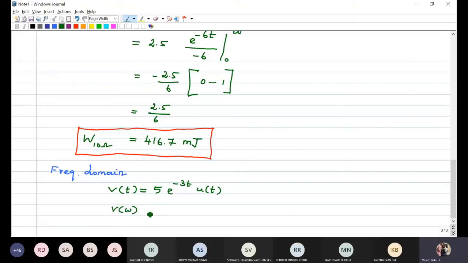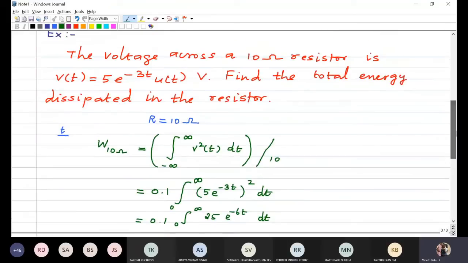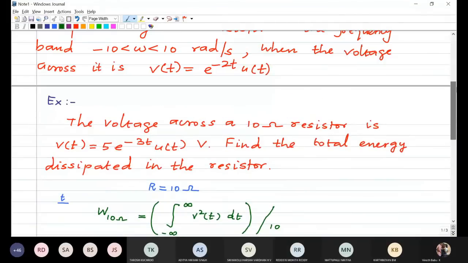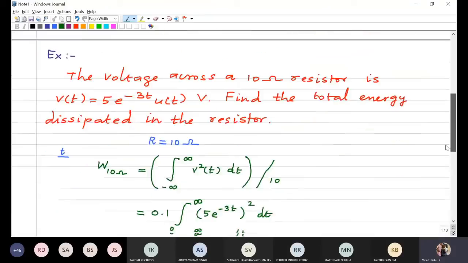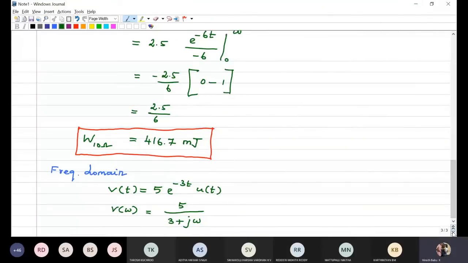If you take the Fourier transform for this, you'll get 5 over 3 plus j omega. But if you look at this expression, we need absolute V of omega the whole square.